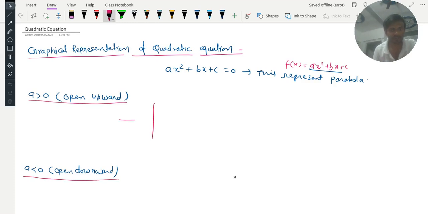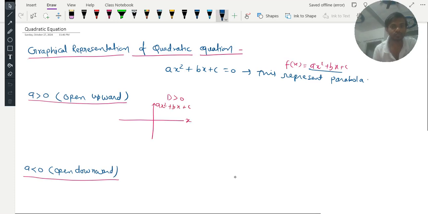If D is greater than 0, it means the roots of this quadratic equation, ax square plus bx plus c, will be real and distinct. This means this parabola will intersect the x-axis in two distinct points, one is alpha and the second is beta.